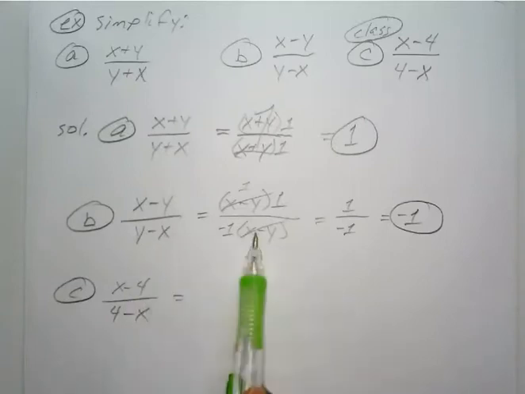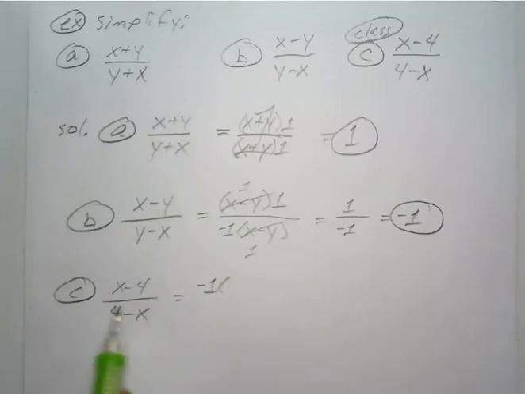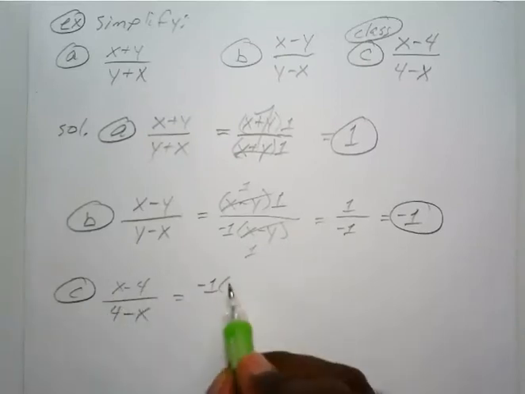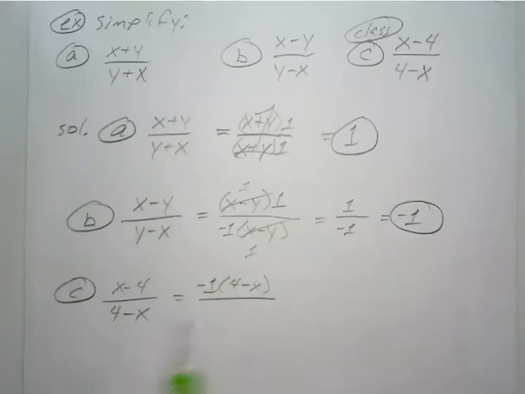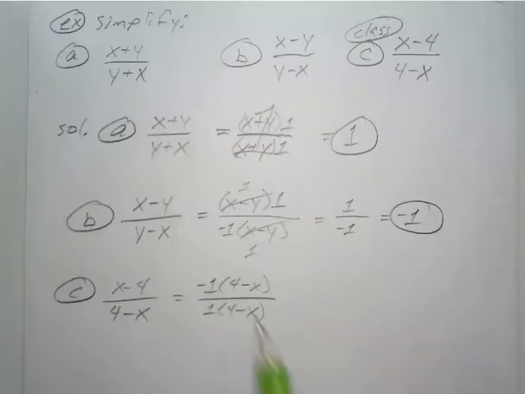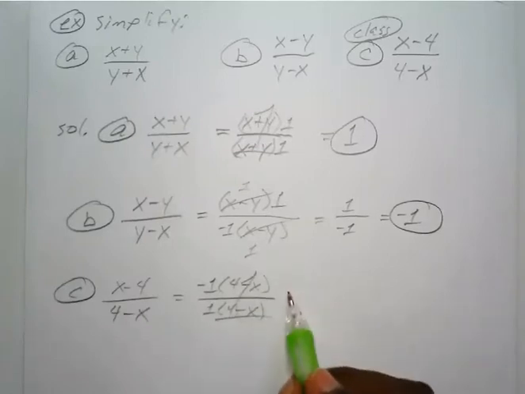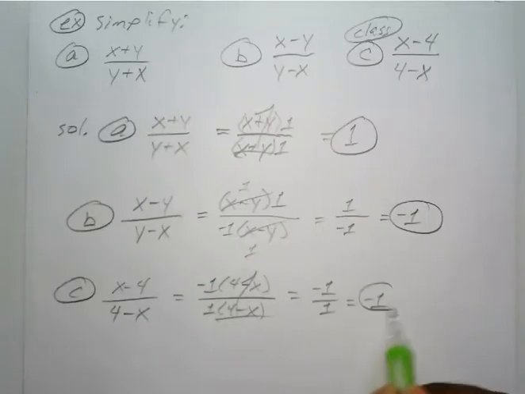You don't have to just flip the denominator. If you make the numerator negative 1 times (4 minus x) instead of x minus 4, anything divided by itself is just 1, so you still have negative 1 over 1, which is negative 1. You can flip the numerator if you like, and you'll come up with the exact same answer.